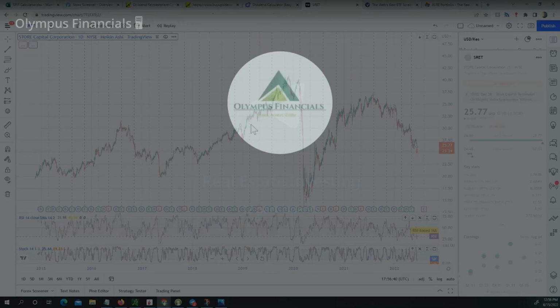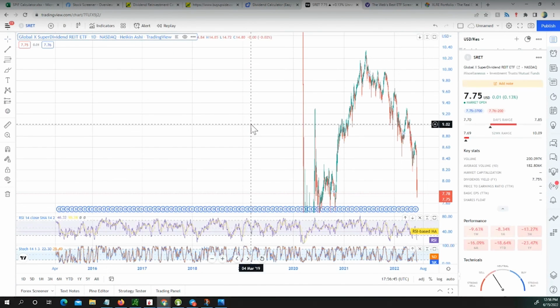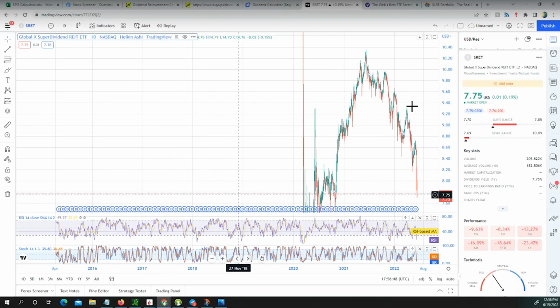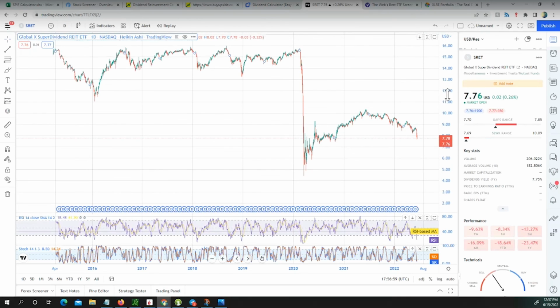They have a real estate ETF, and here we can see, look at that, dividends like crazy. They're doing 7.75% in dividends, which is really good. Despite the drop of 2020, it's been stable so far.